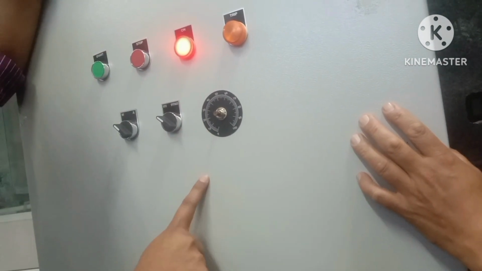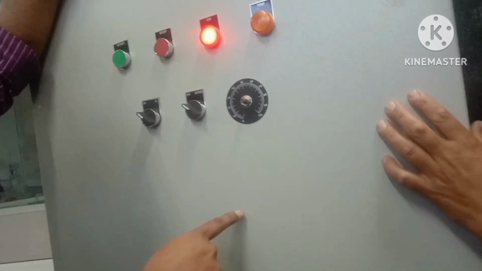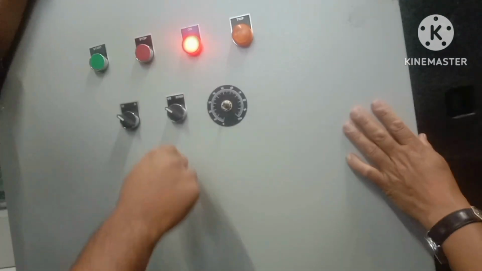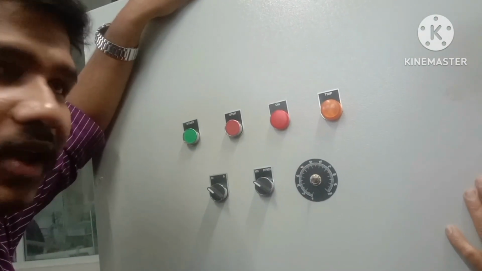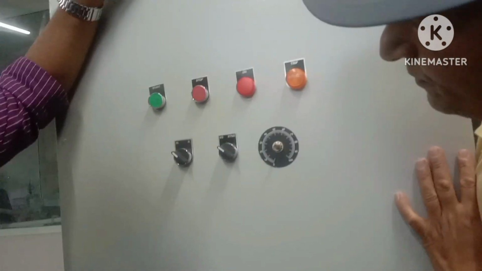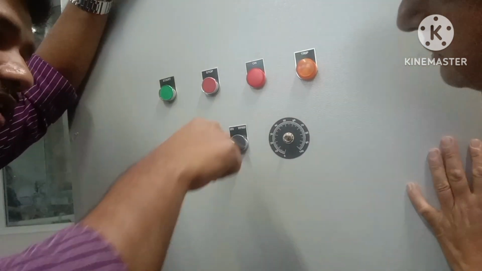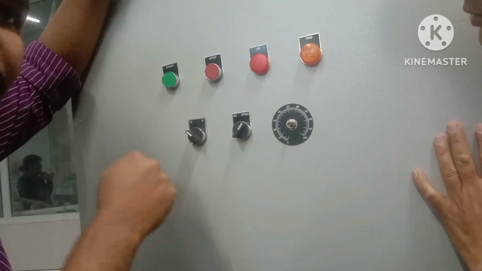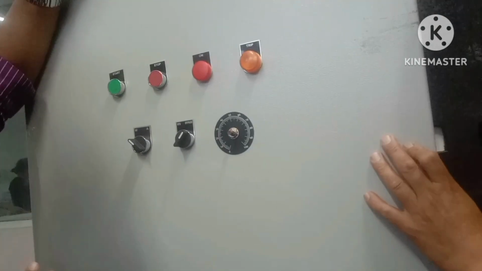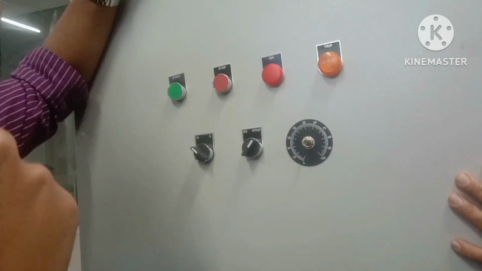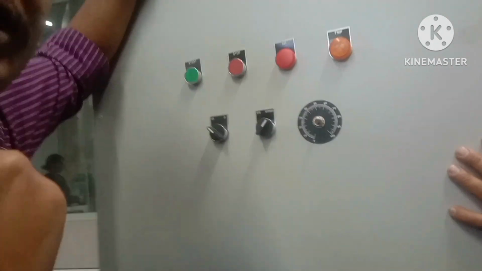Now the second condition. Before moving to the second condition, please make sure it is stopped. Now we don't want control through the VFD, so we will move it to the bypass. Bypass means there will be no control of the fan speed, basically no control of the motor.